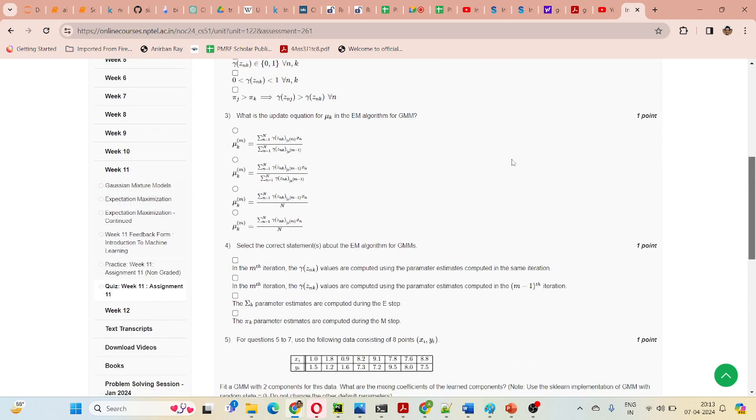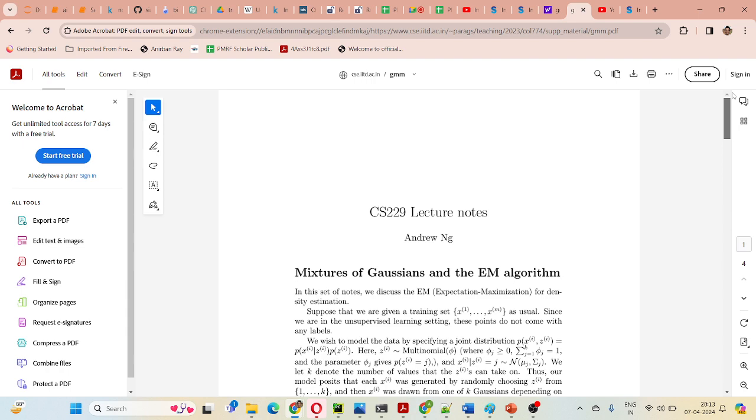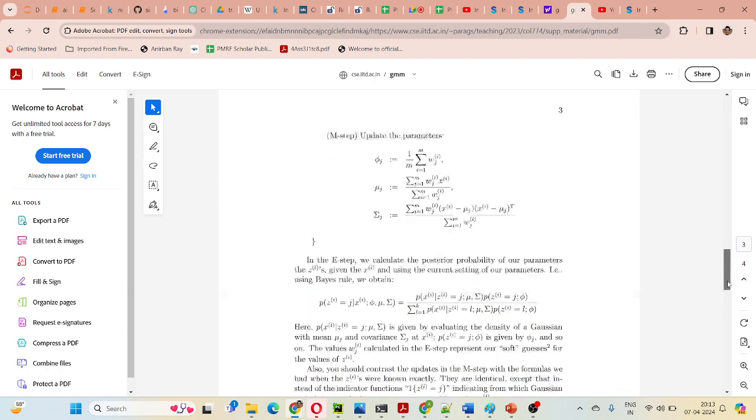Write the update equation for mu k in the EM algorithm. So for the update equation, you have to just see this. It is very similar to what is given here. This is the Gaussian mixture models in the EM algorithm.